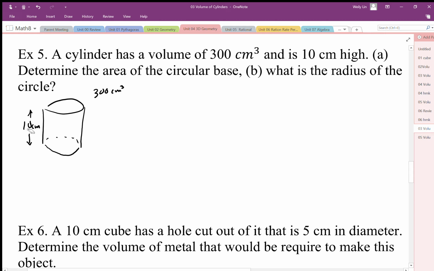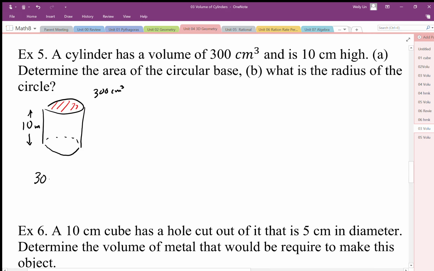Well, we can do this algebraically if you like, or you can just undo the calculation. We know that some area times 10 equals 300 cubes. So we know that the area must be 30 centimeters squared.